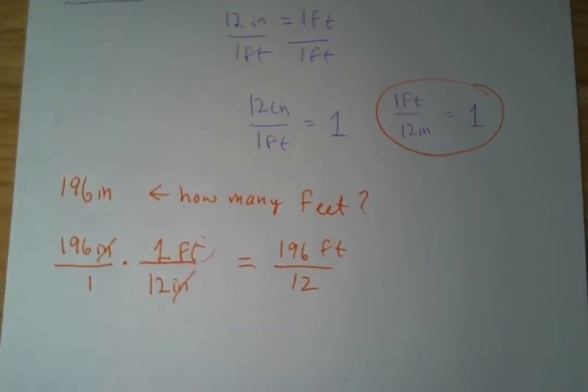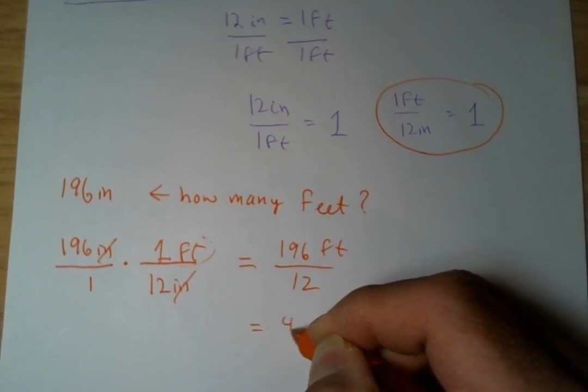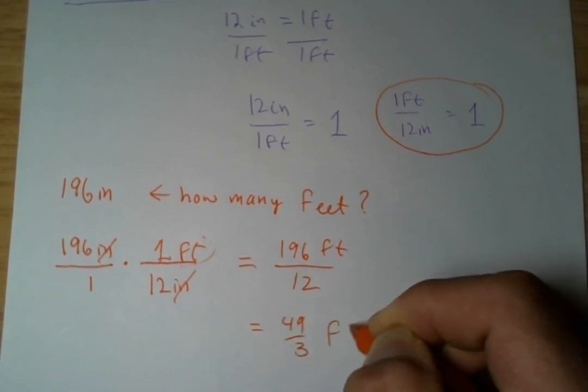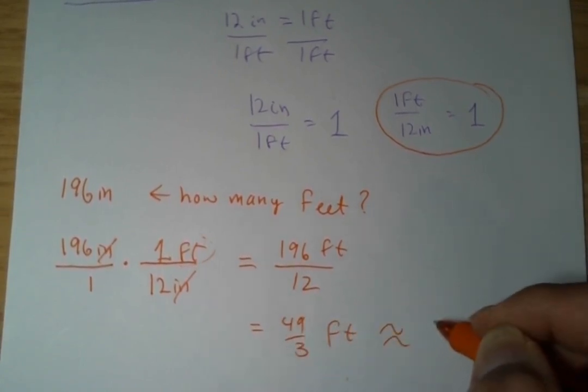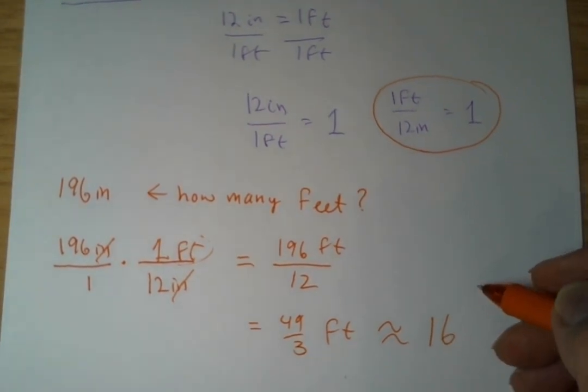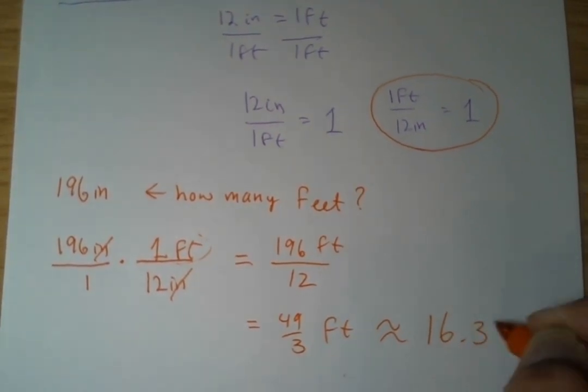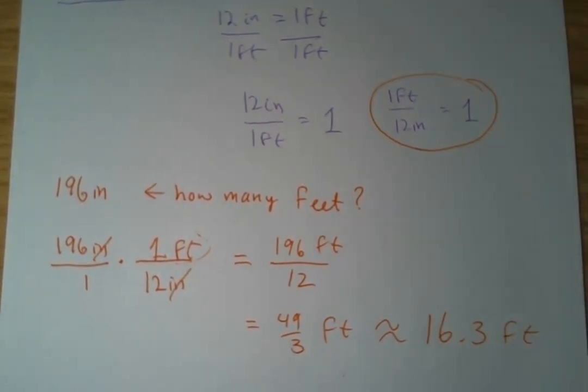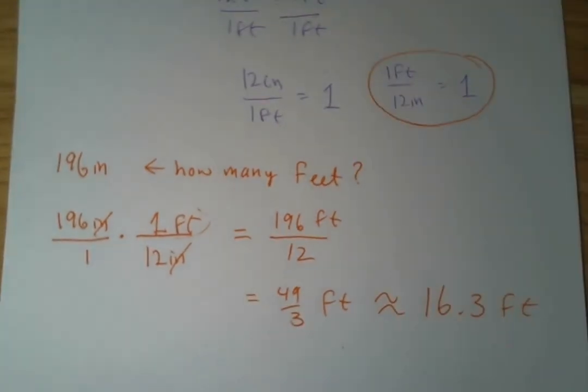Now let's simplify this: 196 divided by 12. So we get 49 over 3 feet, or approximately 16.3 feet, rounding to the nearest tenth. That is how you approach these unit conversions.